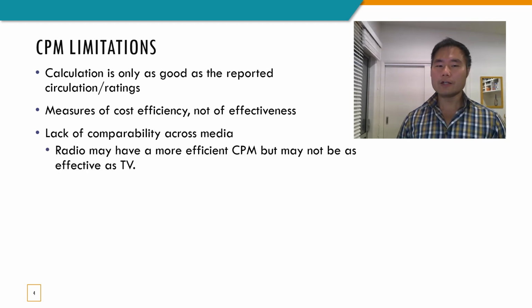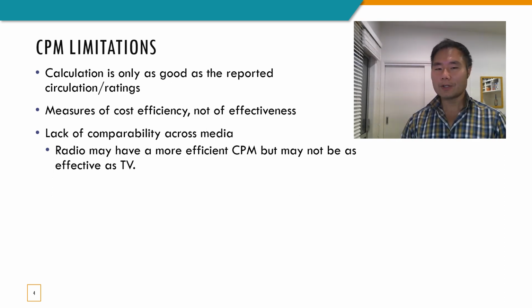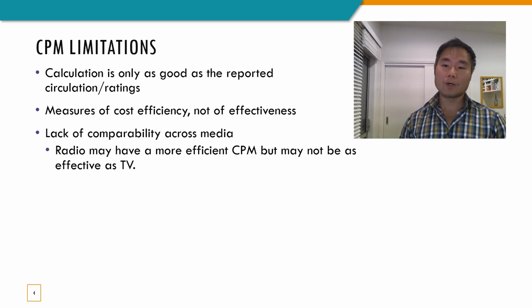For instance, radio will have a quite efficient cost per thousand because it's cheaper than TV. But does that mean it's better? Well, it depends, right? It might cost more to reach 1,000 people with TV, but you're reaching them in a whole different way. You're reaching them not just audibly, but visually as well. And so the impact might be quite different.